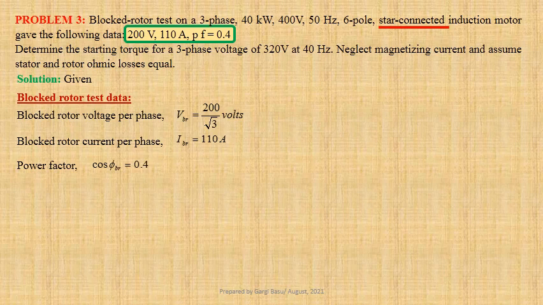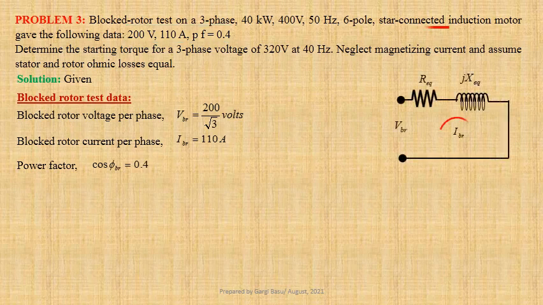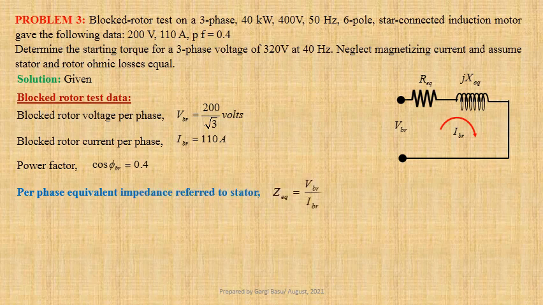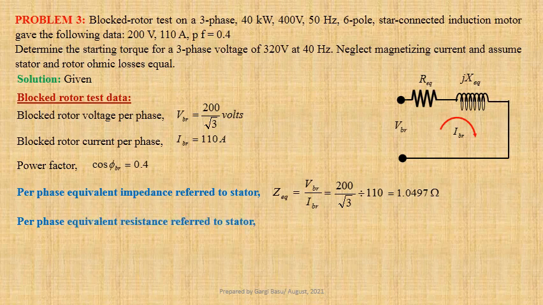Let us now draw the equivalent circuit under blocked-rotor condition. Per phase equivalent impedance referred to stator ZEQ equals VBR divided by IBR. Using values we get 200 by root 3 divided by 110, that gives us 1.0497 ohm. Per phase equivalent resistance referred to stator REQ equals ZEQ into cos phi BR.